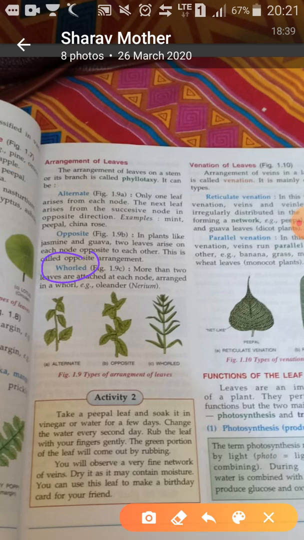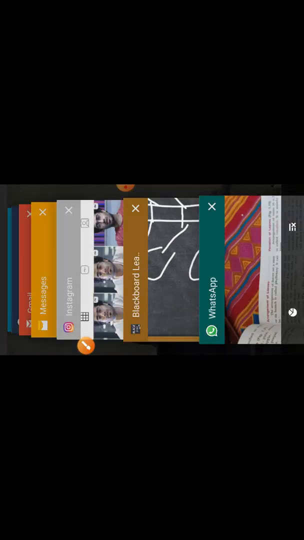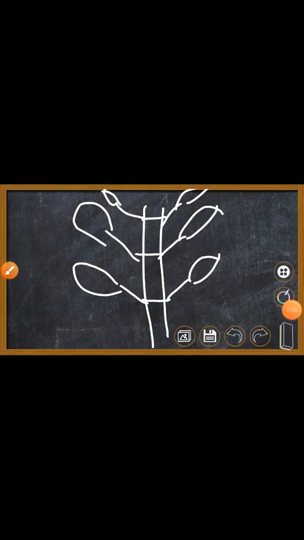Now we'll talk about whorled. Whorled means more than two leaves are attached at each node. A whorled leaf arrangement is also like this only. The only difference is that at each node, this portion is what you call a node, the place from where leaves come out.